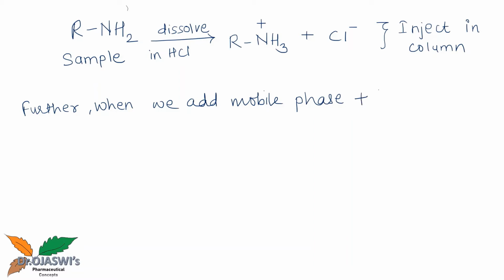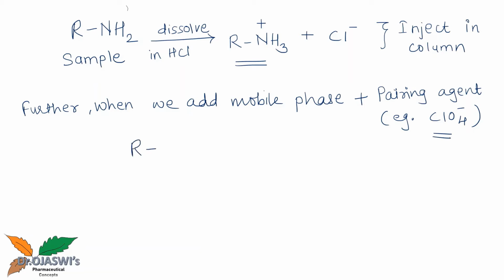Now when we add further mobile phase in which the pairing agent is present, we can take the example of the perchlorate ion, which has a negative charge. This negatively charged ClO4 minus will pair with RNH3 plus. After this pairing the charge will be gone, which means a neutral molecule will be formed.